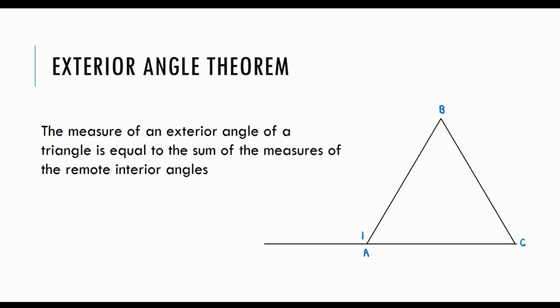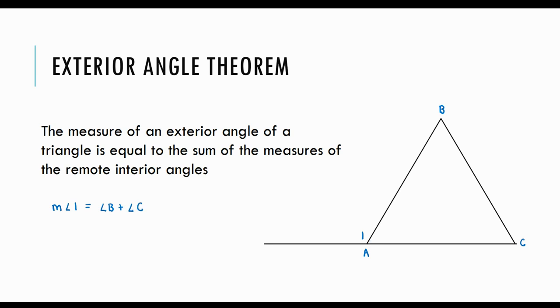So it's saying that the measure of angle 1 is going to equal the sum of the measures of the remote interior angles. Well, interior angles would be angles that are inside of the triangle. When it says the word remote, it means that it's talking about angle B and angle C. It's talking about the two angles that are not right next to it.